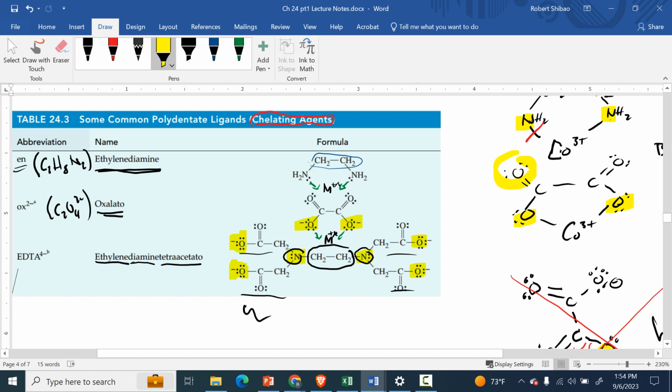But if we bind this oxygen, let's say here on the top left, could we bind this oxygen here on the top? I guess this is left. Can we bind these two oxygens at the same time? Yes or no? No, we can't bind these two oxygens at the same time. Why?